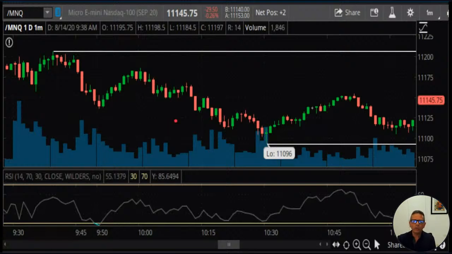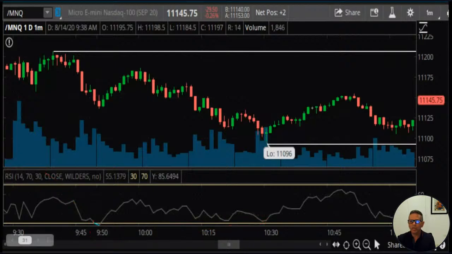Okay, so I want to show you one more thing about this chart. Let's talk about divergence. You see here that the market is going down, and this is the RSI. The RSI is slowly going up while this was going down. You can see the little blue here, and it didn't really go down that far.